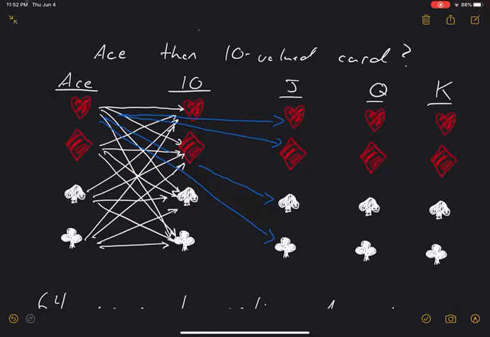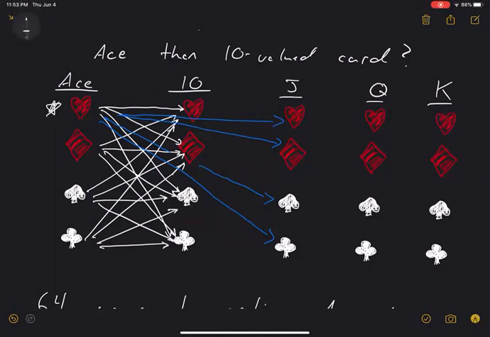Let's start in this top left corner here. Let's say I pick an ace of hearts, and let's just fix that. How many ways are there to get blackjack if the first card I have is an ace of hearts? Well, I could pair my ace of hearts with a 10 of hearts, or a 10 of diamonds, or a 10 of spades, or a 10 of clubs, right?